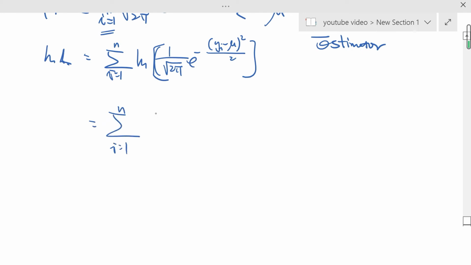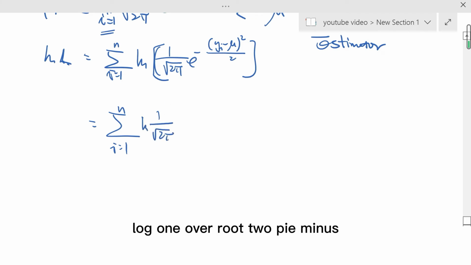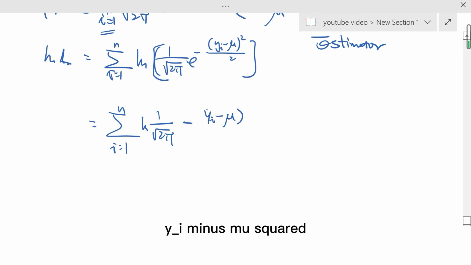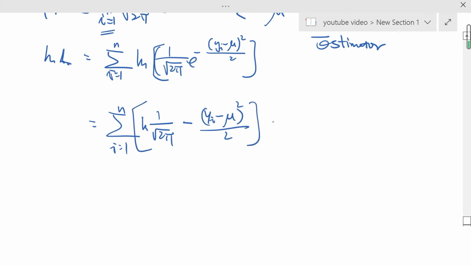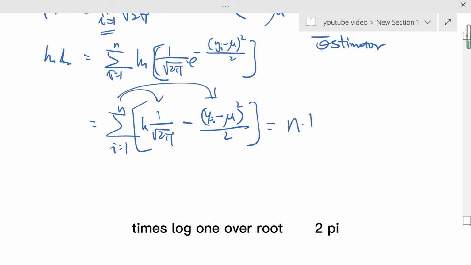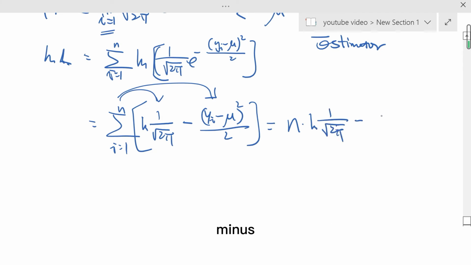We get log 1 over root 2 pi minus (y minus mu) squared divided by 2, and put the sum inside. So we get n times log 1 over root 2 pi minus 1 over 2 times the sum.